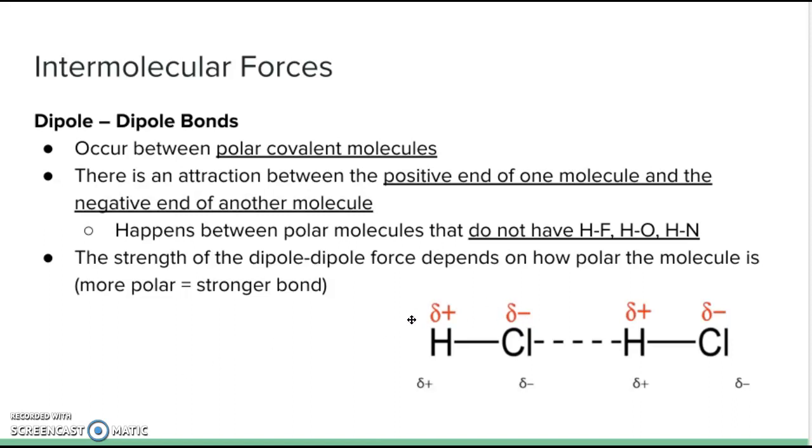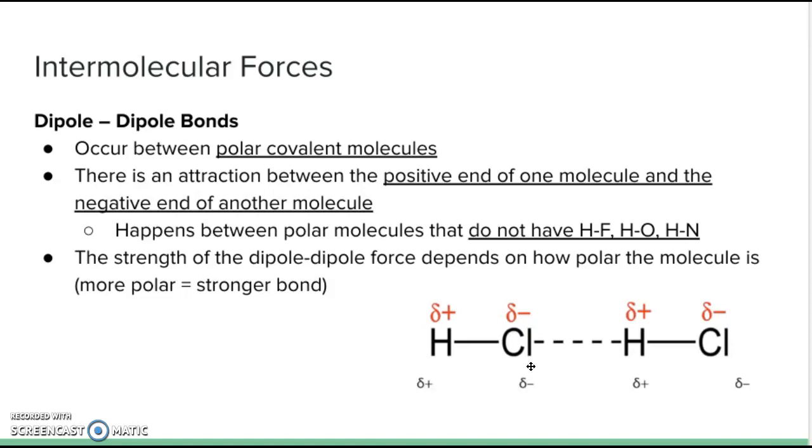And we saw this in the polar covalent molecule lecture. So I'm going to have this dipole happening, the partial positive and the partial negative, because they're starting to act like a magnet, but not overall. And so what happens is that because of these charges, this unequal sharing of electrons, I'm going to have an attraction between my positive end and a negative end.